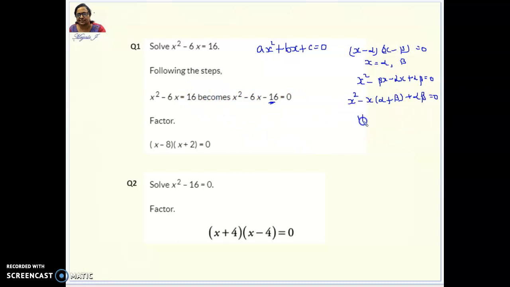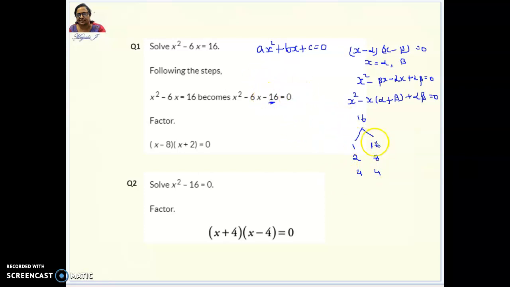So let us consider it the same way. For 16, you just write the product: which two numbers give you 16? We are going to write the factors: 1 into 16, or 2 into 8, or 4 into 4. Every time you don't have to do this, but I just want to explain what exactly is happening.